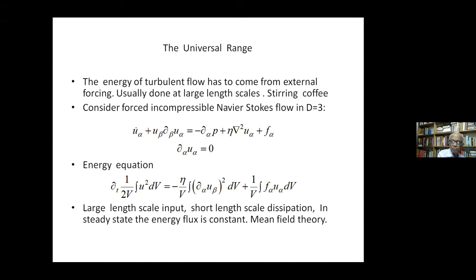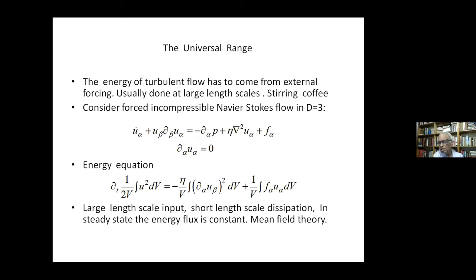It has a rate of change, which has a dissipative part, which has a derivative and therefore operates at low scales. And then there is a part which is a stirring force, the f of alpha. This is an incompressible fluid, and therefore that leads to this pretty easy equation.